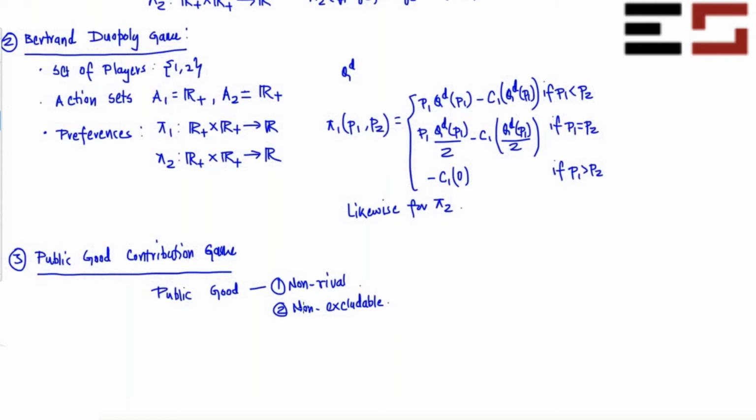That rivalry will not be there in the case of a public good. In the case of a public good, if I get to consume more, everyone else also gets to consume more. For example, if I decide to teach more in these classes, it's not that I only teach one of you; it's applicable to all of you.